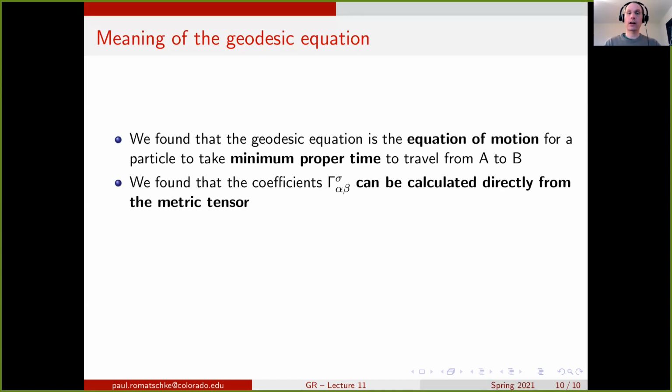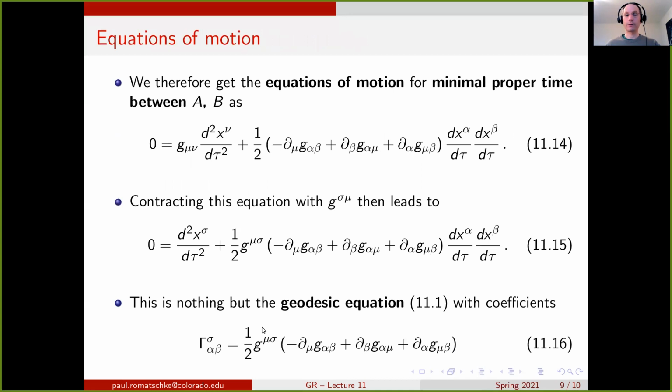We also asked ourselves how we can calculate these mysterious coefficients gamma sigma alpha beta, and we found that we can calculate them directly from the metric tensor and derivatives of the metric tensor.